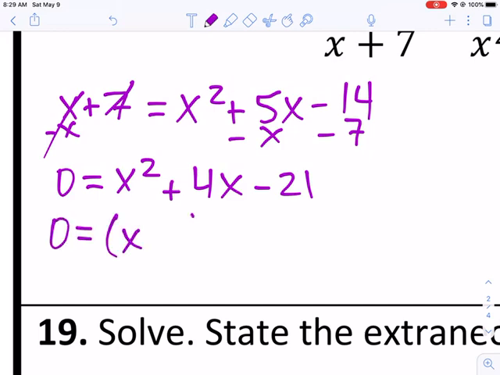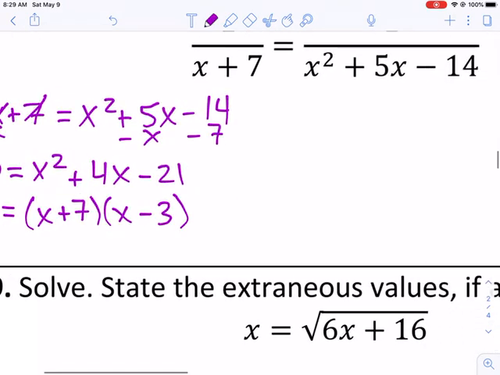We can use our shortcut. Factors of 21 that can get me to 4. So that would be 7 and 3, specifically positive 7, negative 3 to get us to that positive 4x. And then remember at this point, you guys, we just set those two equal to 0, and we've got a one-step equation in front of us.